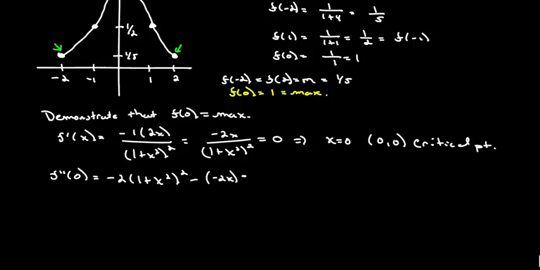That's a multiplication symbol, by the way. So it's going to be 2 times 1 plus x squared to the first power times the derivative of the inside, over the denominator squared.